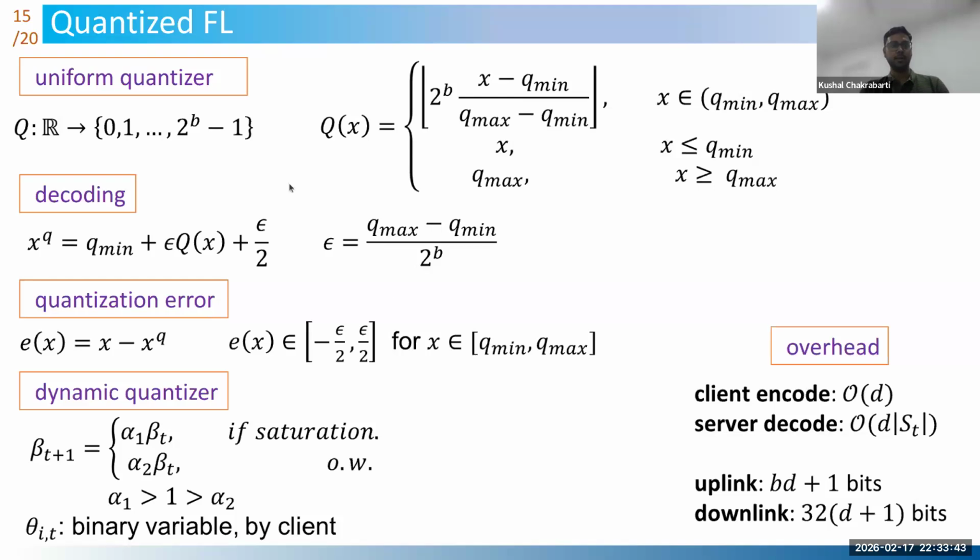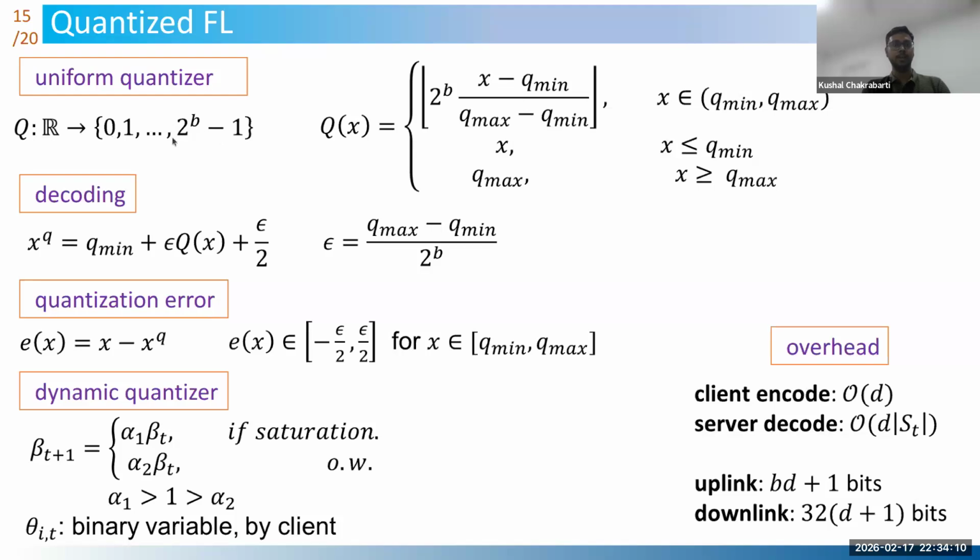In case of quantization, the clients don't send the actual model or the actual increment psi for flip, and for flop not the actual xct, but some quantized version of it. The quantization mapping is a mapping from the real numbers to some set of integers.